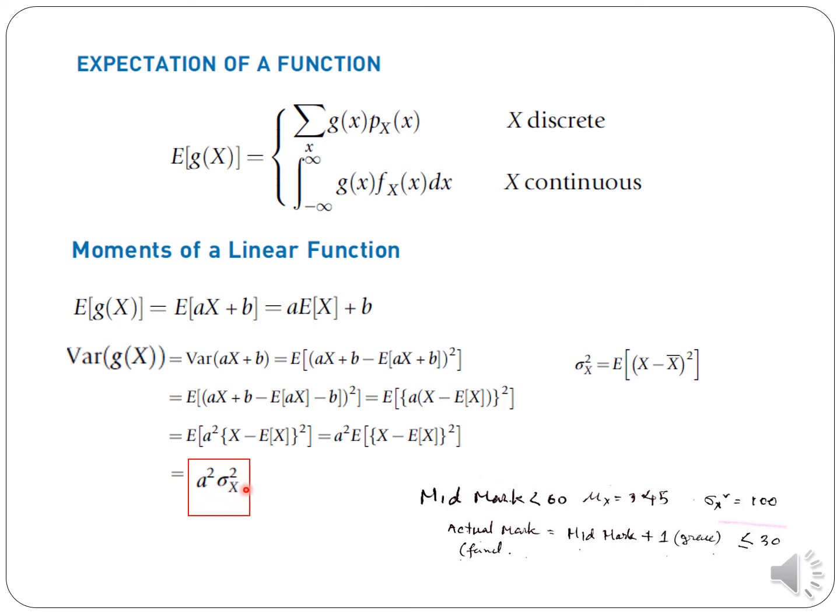So the new sigma x square will be sigma x square multiplied by half square, so that will be 1/4, that means 25. And the new mean will be equal to half into expected value of x, that is 45, plus 1. So I hope you can write it down on your paper.